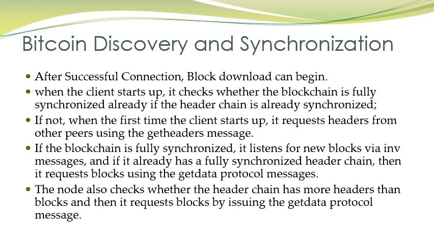It listens for new blocks via inventory messages, and if it already has a fully synchronized copy of the blockchain header and all information, then the node will request blocks using get data. Using get data, the node will request the information of the blocks and a copy of the blockchain from the peer nodes or the remote nodes.